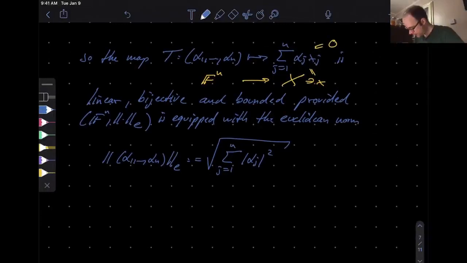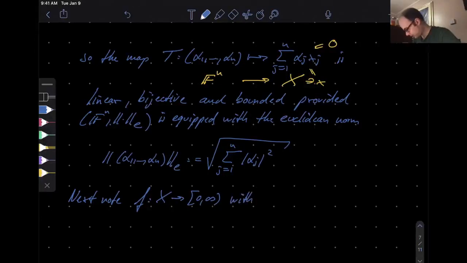Also, next, note, we will use all those observations later when we actually prove the theorem. Next, note that the norm itself, the function which assigns to a vector its norm, is continuous.